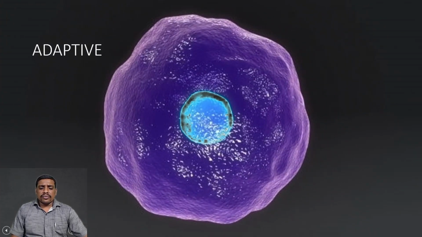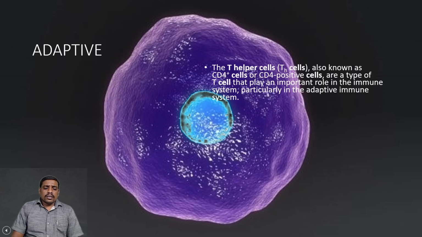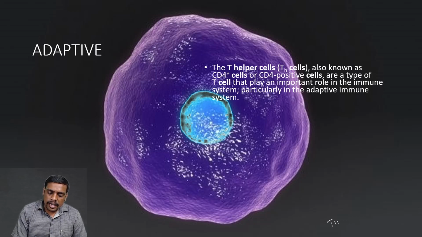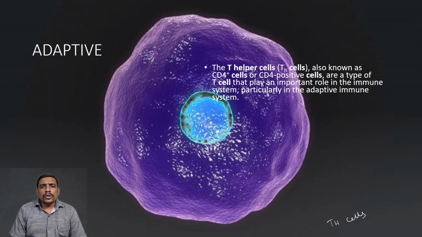Now, here, what do you mean by T helper cells? TH cells. The immunocompetent cells, nothing but the active T immune cells, are classified into two types based upon their nature and functions. First type of cells are TH cells or helper cells.